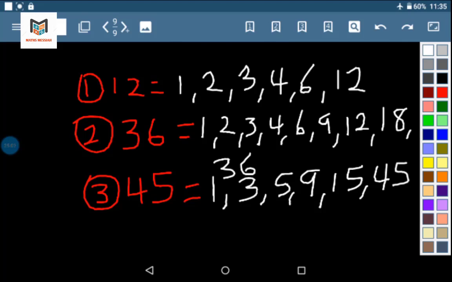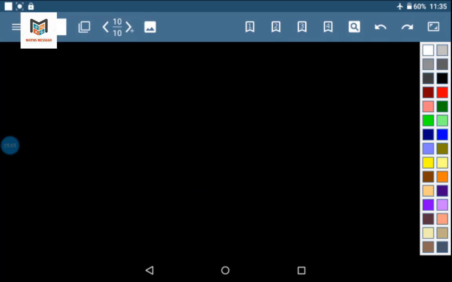This will be the end for this lesson. To recap everything, we started by defining the factors of numbers. We said that if you have a numerator, say 10, divided by a denominator, which is 2, and it is able to divide it exactly without a remainder, then it means that the 2 here is a factor of 10.